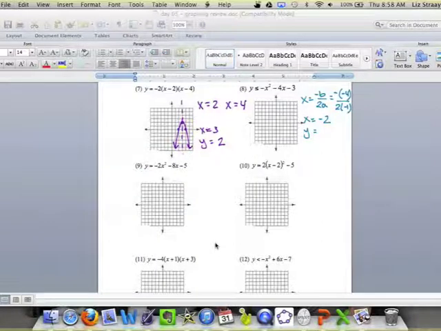Be very careful with parentheses when you plug it in. We get positive 1. So my vertex is at negative 2, 1. And that's where we have symmetry.